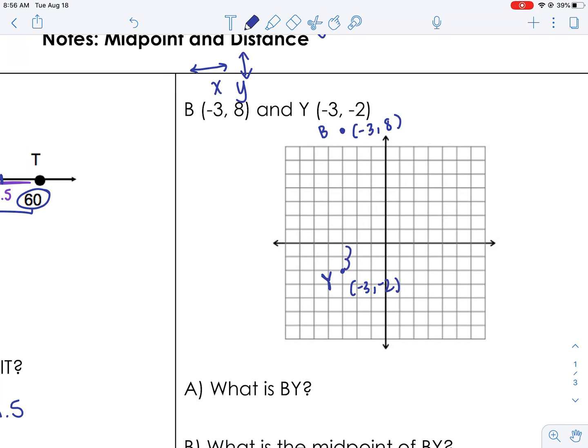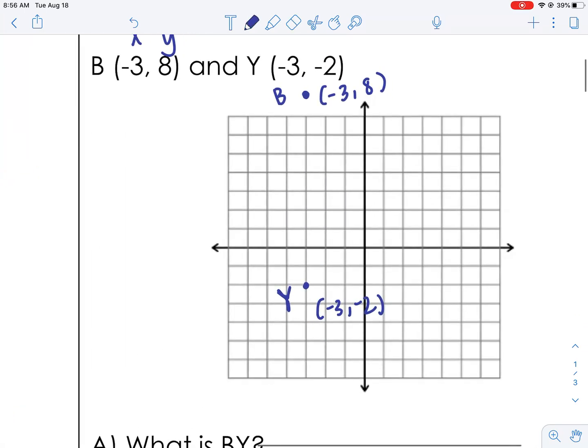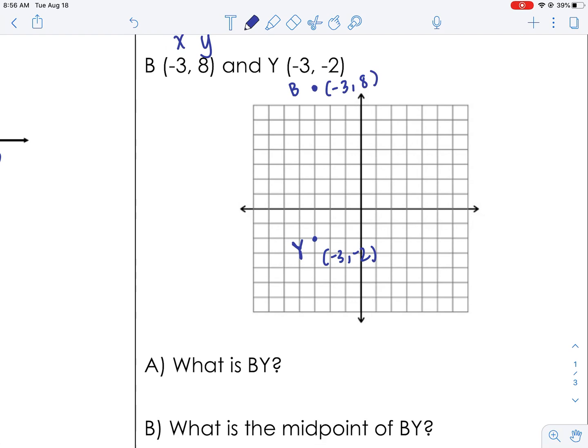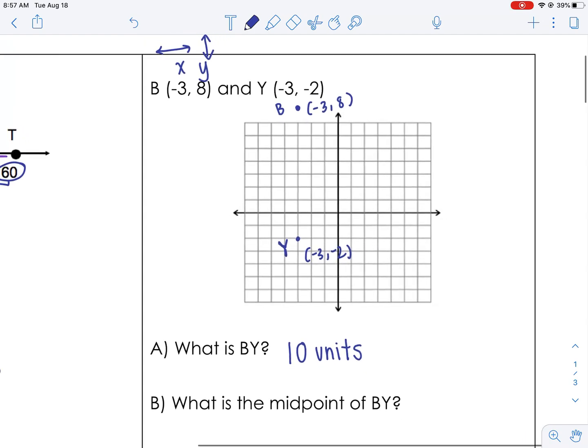So I have 2 here, and then I'm going to have 8 there. But if I go from -2 up to 8, that would make a total distance of 10. And because it's length, I'm going to say 10 units. I don't know if it's inches or feet or miles, but we're just going to say units for now.